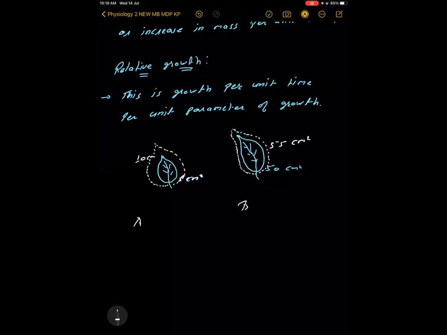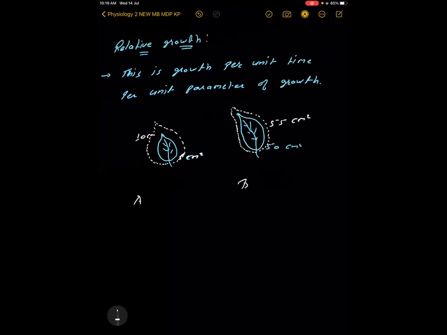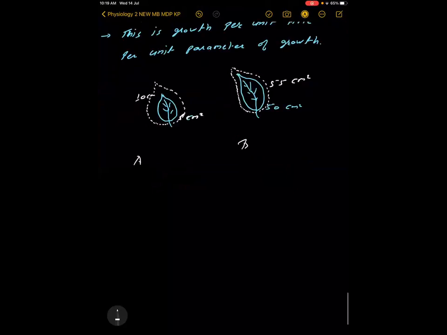In which leaf will you see maximum growth? Obviously in A, because A has to develop from 5 to 10 centimeters square.